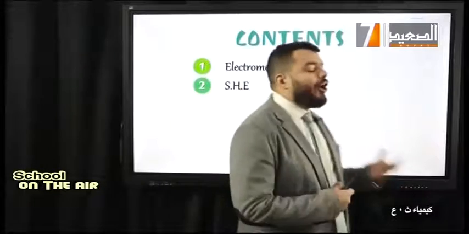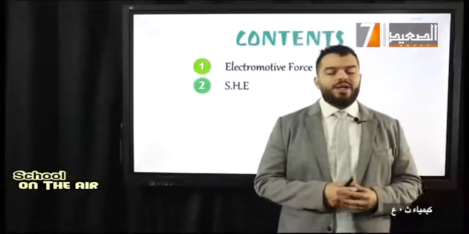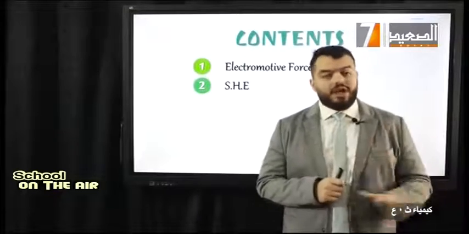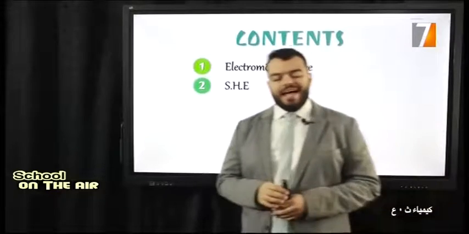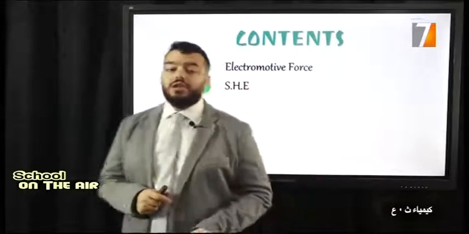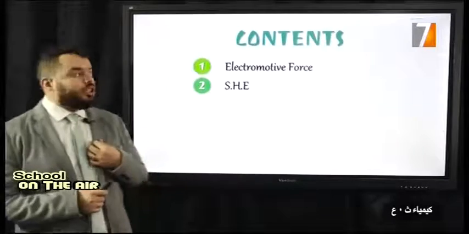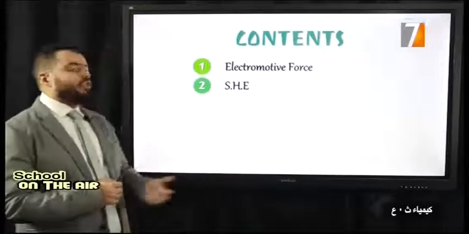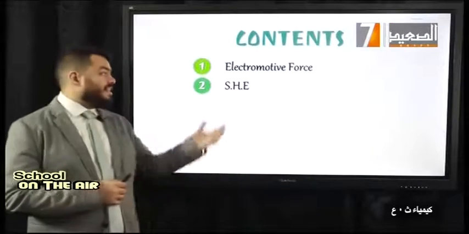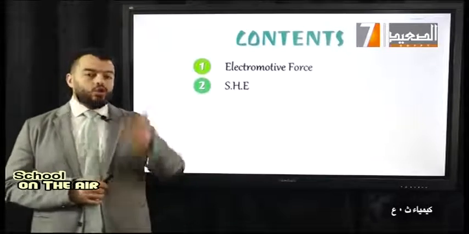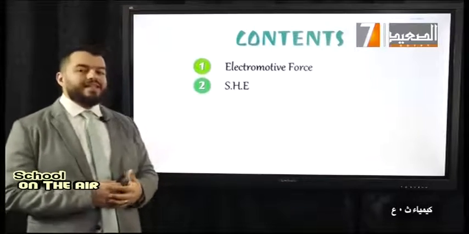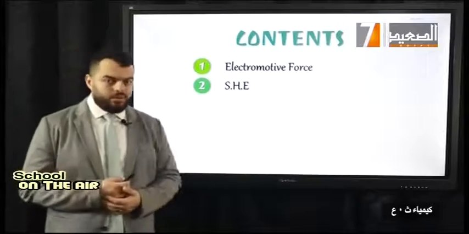The zinc has higher oxidation potential, so it will be the rod which will be oxidized, and the copper rod has lower oxidation potential, so it will be the rod which will be reduced. And how do we know that? We are going to study here the electromotive force and the standard hydrogen electrode to know how we choose the anode and the cathode.